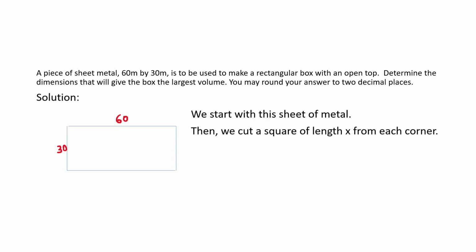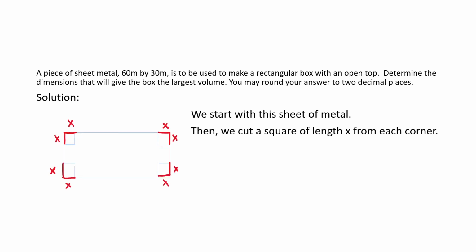So what we do here, we start with a piece of sheet metal, and we're going to cut a square of X meters from each corner, as you'll see in the next slide. When we do that, it allows us to imagine this rectangle that I'm drawing now as the base of an open top.